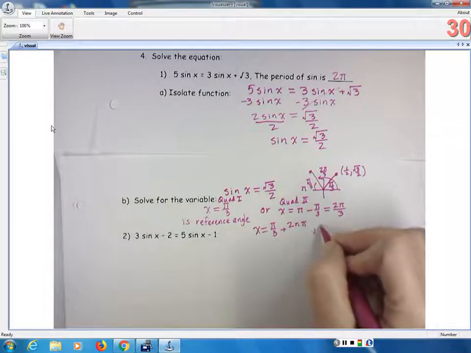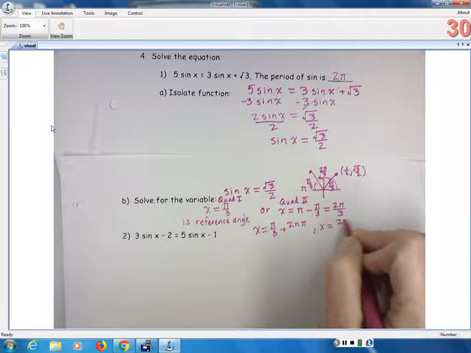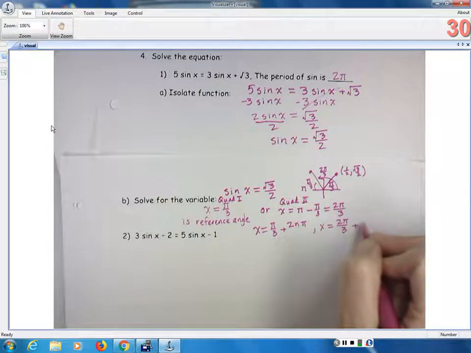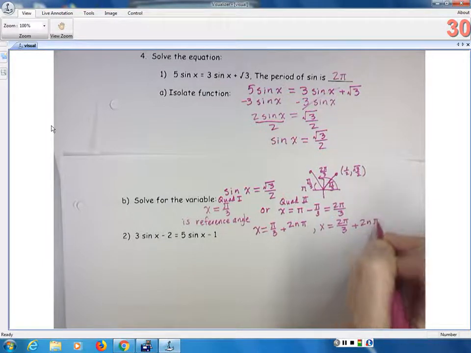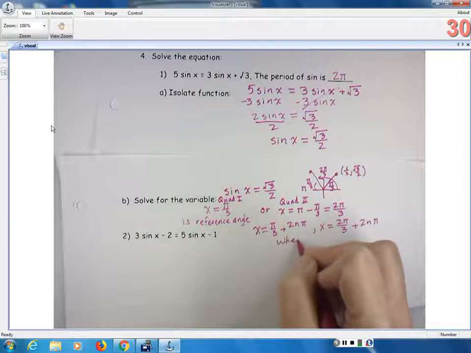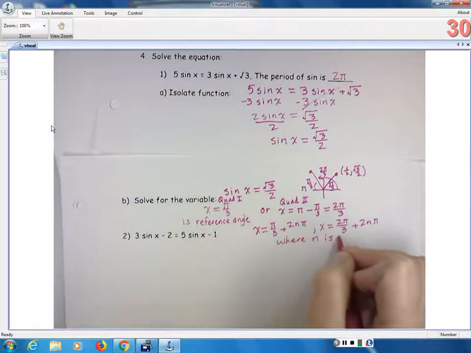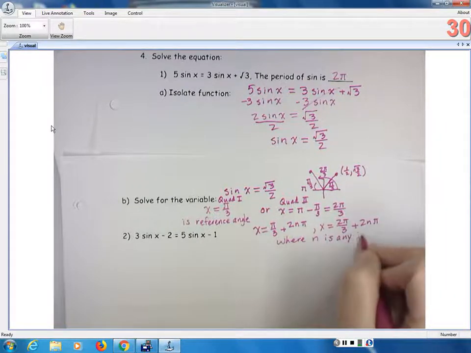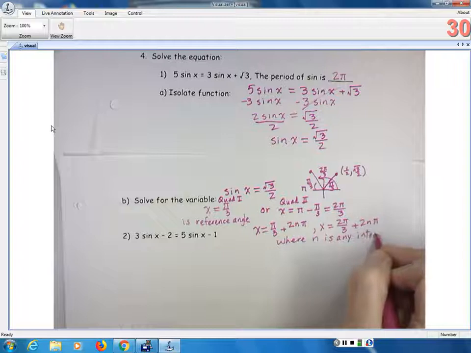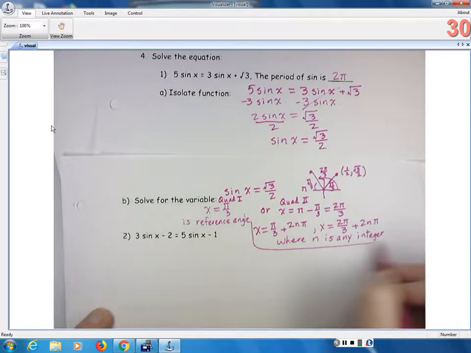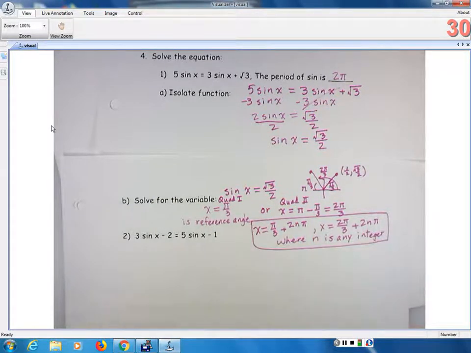Or x equals 2 pi over 3 plus 2n pi, where n is any integer. And you won't always be asked the pi over 3 that you know and can find on the unit circle. So you need to do reference angles.